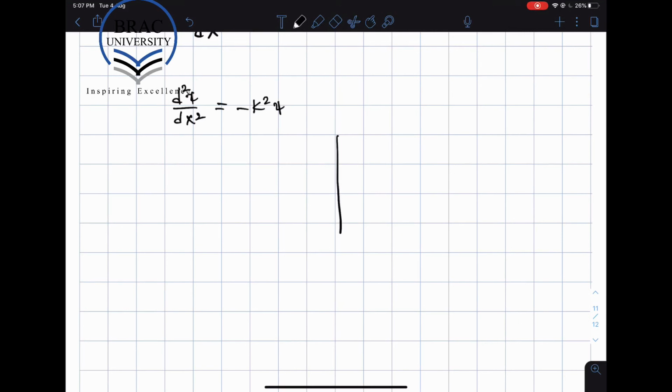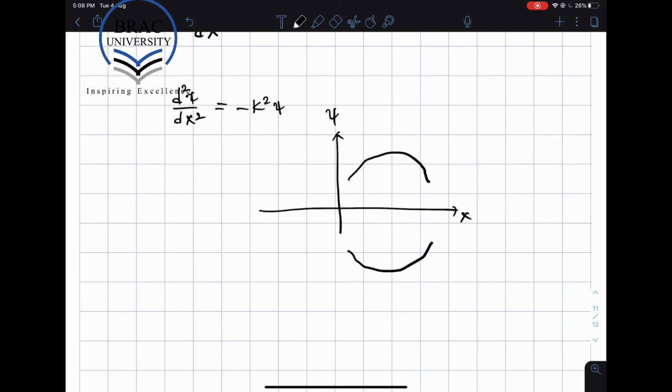Suppose this is our x-axis and this is the wave function. Because of this minus sign, as we change x, it will curve towards the x-axis. So it'll have the form of something like this, or if the wave function is negative, it'll be something like this.